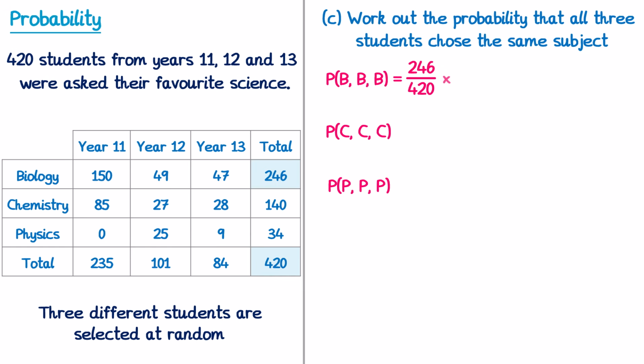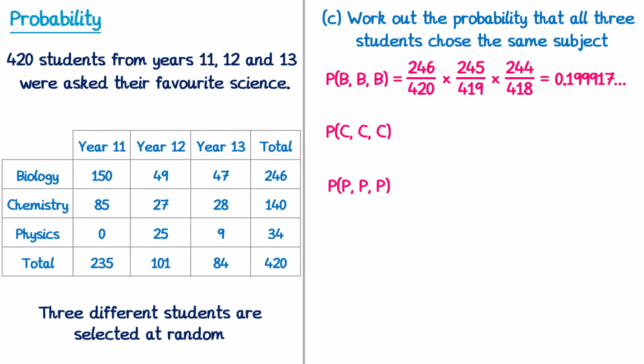So we multiply this by the probability that the second student also selected biology, which will be 245 now, out of 419. And for the third student, we also need to reduce these numbers once more. There is 1 fewer student who picked biology and 1 fewer students overall, so we would multiply this by 244 over 418. If you type this into your calculator, it will likely give you a decimal, so this number here.